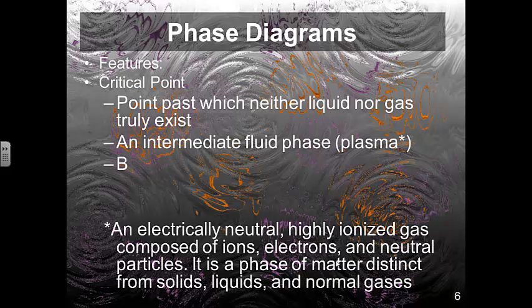On your graph, this was point B. In case you're curious, a plasma is an electrically neutral, highly ionized gas composed of ions, electrons, and neutral particles. It is a phase of matter distinct or different from solids, liquids, and normal gases.